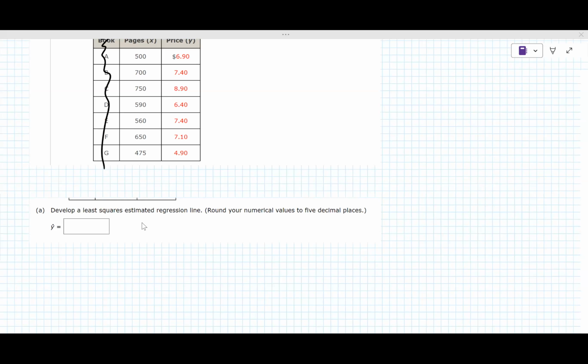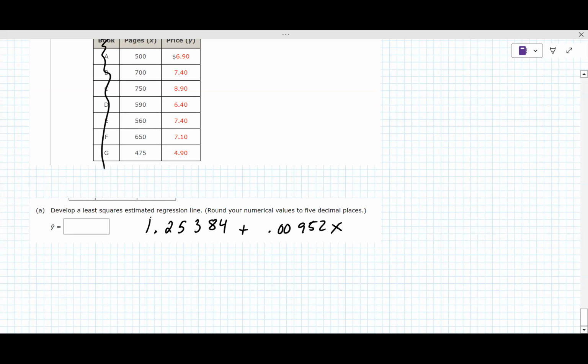I don't know the way they want this entered, but it says 5 decimal places, right? Yeah, 5 decimal places. So 1.25384 plus 0.00952 x. You have to enter all that in.